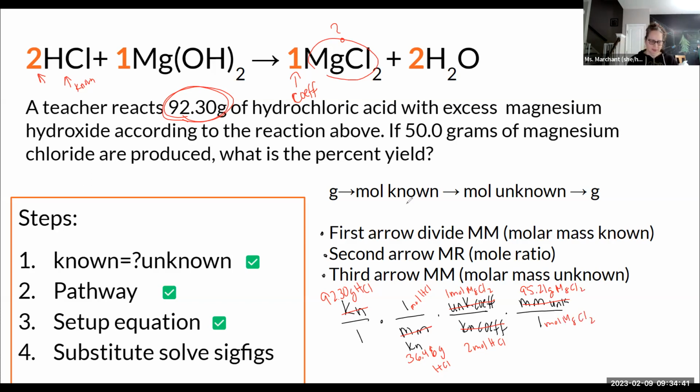Canceling. So we did our substituting, but we need to cancel it. Grams of hydrochloric, grams of hydrochloric, moles of hydrochloric, moles of hydrochloric, moles of magnesium chloride, moles of magnesium chloride. I'm going to end up with grams of magnesium chloride. I'm ending up with the units and the species that we talked about at the beginning of the problem.